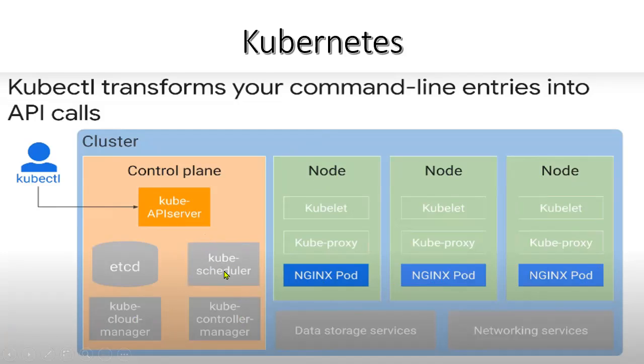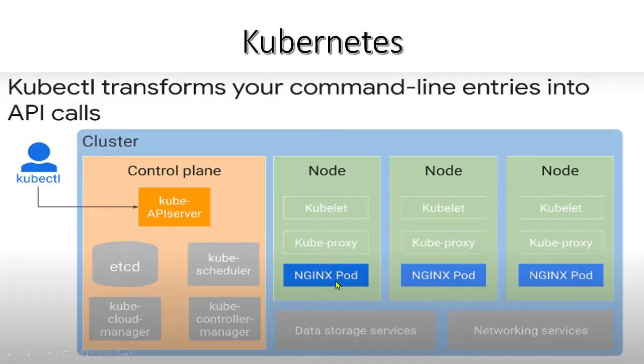Once the control plane, the master node, gets the request to create a pod, it will send the information to whichever node it needs to be implemented on, and tell it through the kubelet, please create this pod. So the kube scheduler ensures that your pod is running and is not stopped.